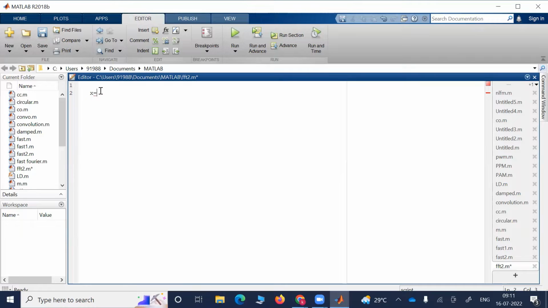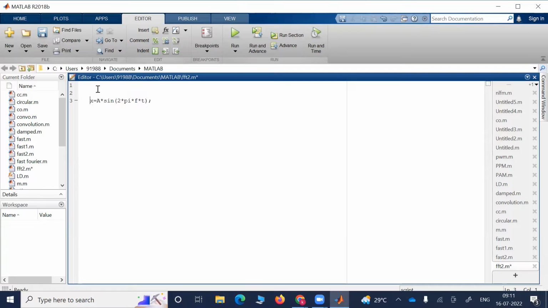So let us write: A is the amplitude, sine of omega, and I told you we can write omega as 2 pi f. 2 into pi is a constant value, f is the frequency, and t is the time. This is the sinusoidal signal.